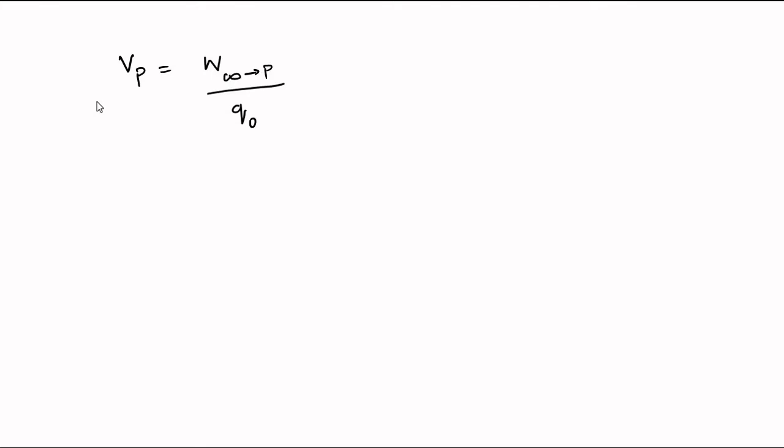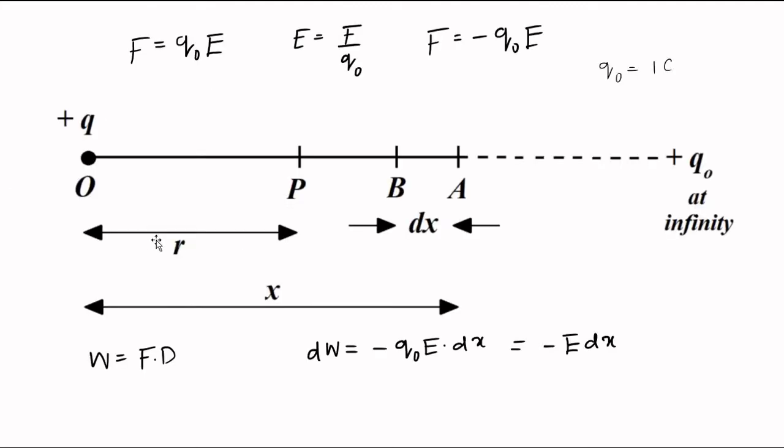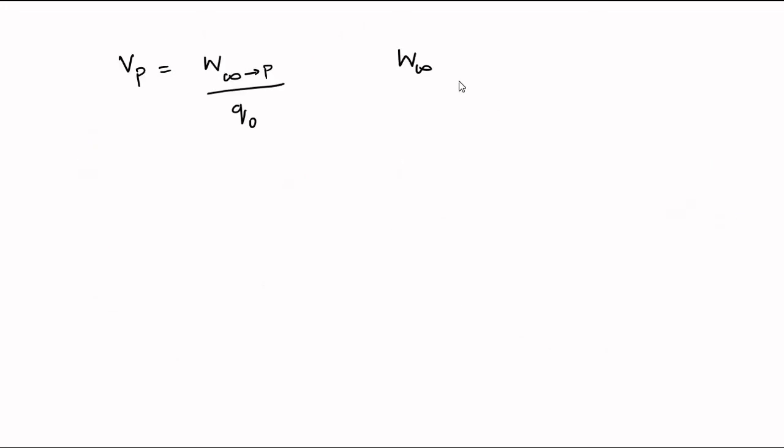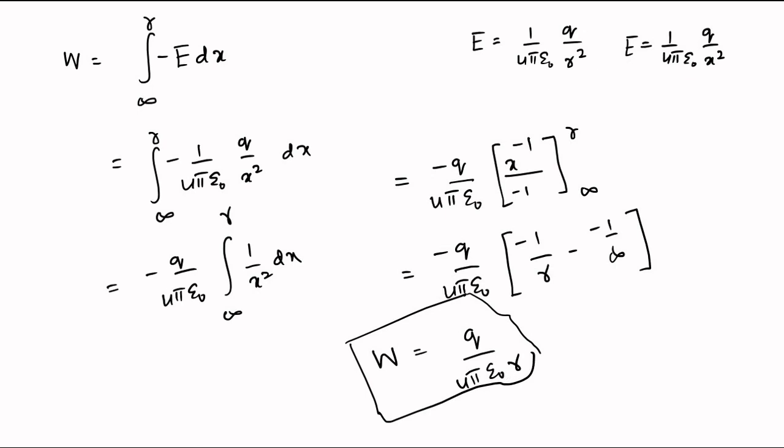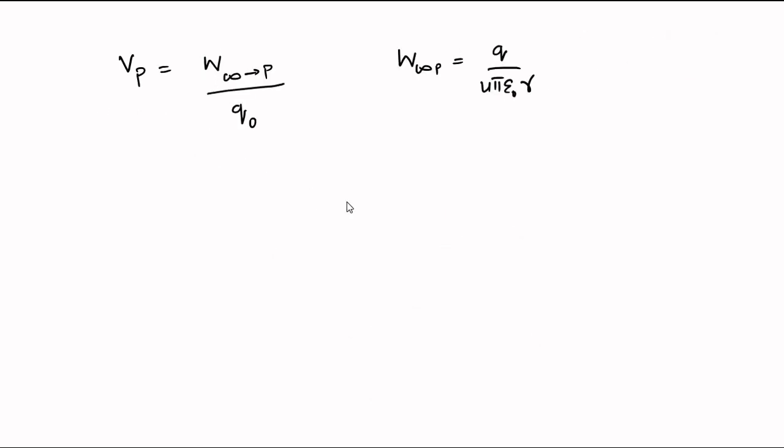So here the work done in moving the charge from infinity to this point P, which is at a distance of r from O, is q by 4 pi epsilon 0 r, which we just calculated, and q0 is 1 coulomb.